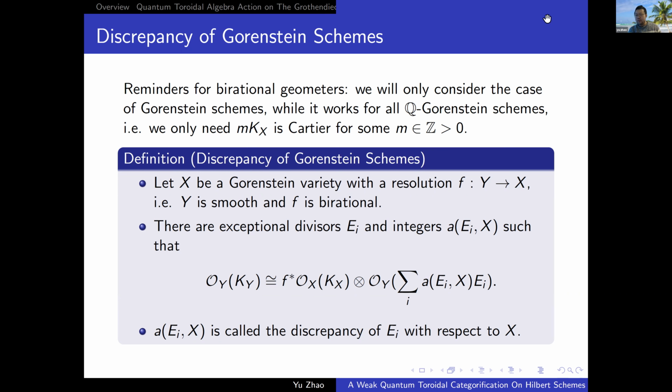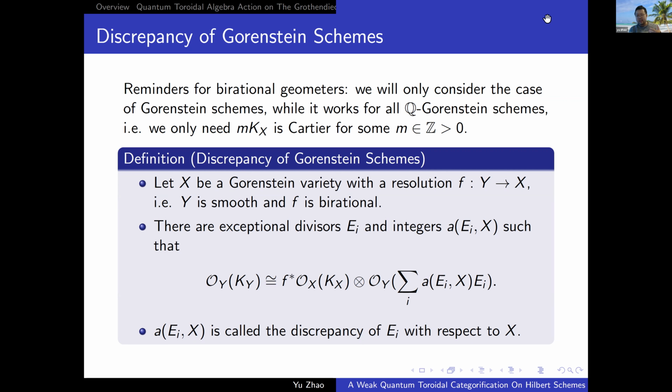Now assume that we have a Gorenstein variety X and a resolution f from Y to X, such that of course Y is smooth and the map is birational, and we can consider the exceptional set, by which we mean the locus on Y where f is not an isomorphism.